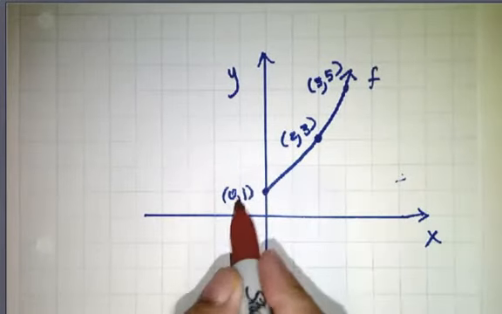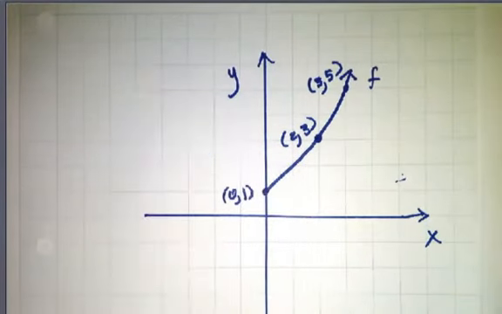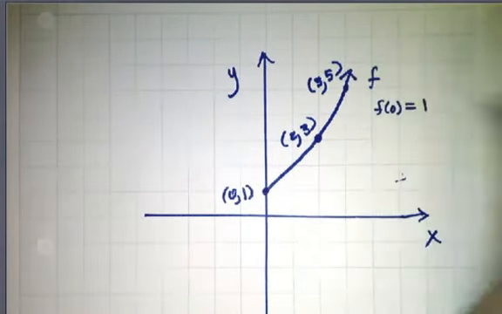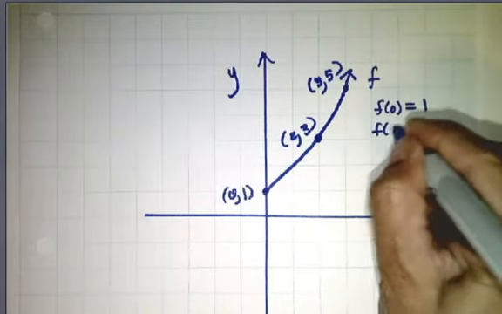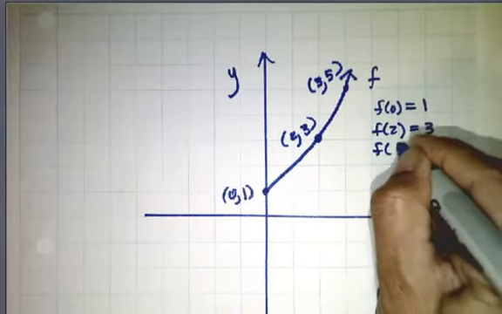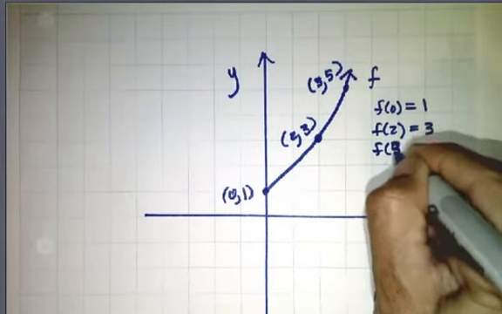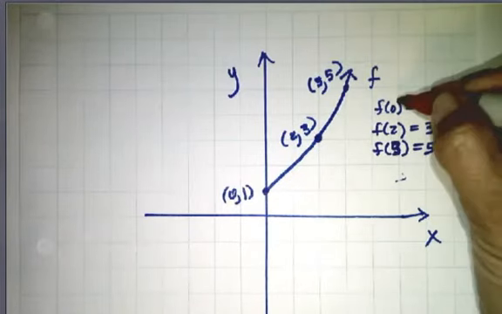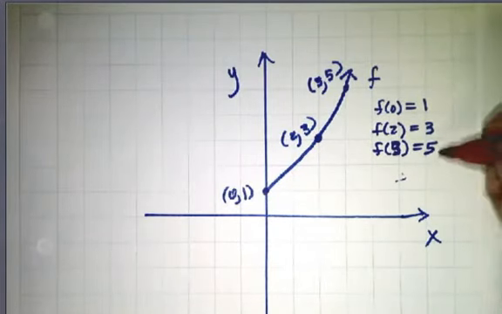That means f of 0 equals 1, f of 2 equals 3, and f of 3 equals 5. So f takes 0 to 1, 2 to 3, and 3 to 5. The inverse is going to take 1 to 0, 3 to 2, and 5 back to 3.